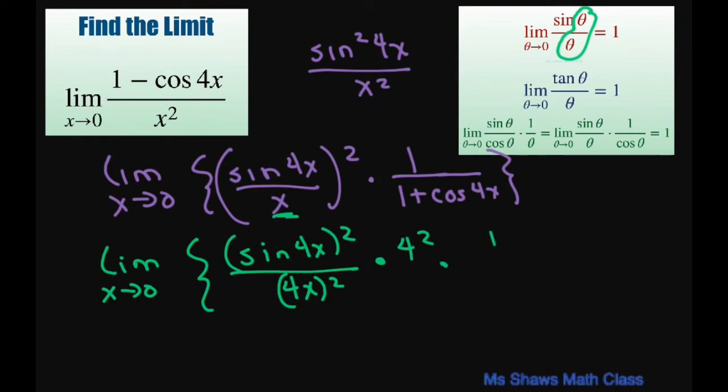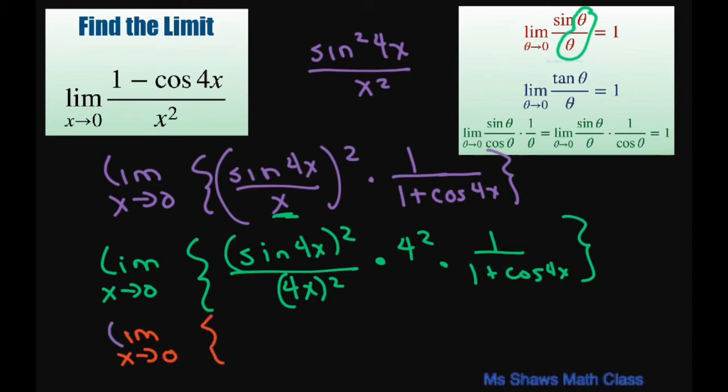And this is times 1 divided by 1 plus cosine of 4x. So I basically just multiplied the numerator and the denominator by 16. So now let's simplify this as the limit as x approaches 0.